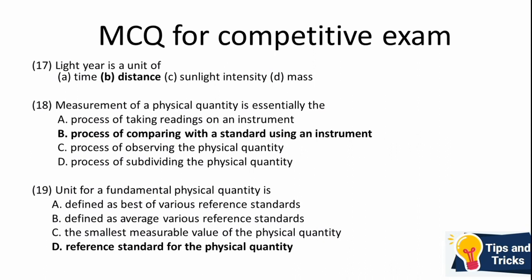So question number 19, it is also slightly confusing. The question is, unit for fundamental physical quantity is, the options given are: option A, defined as best of various reference standards; option B, defined as average of various reference standards; option C, the smallest measurable value of the physical quantity; and option D, reference standard for the physical quantity.